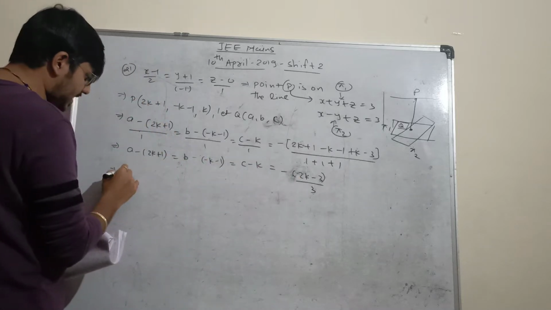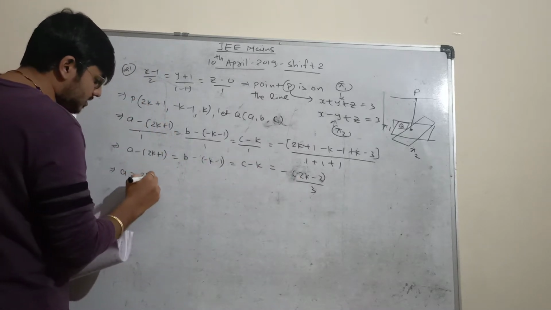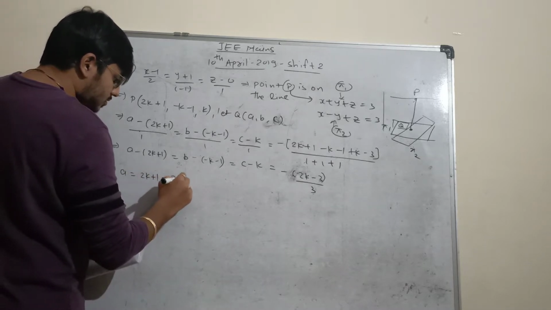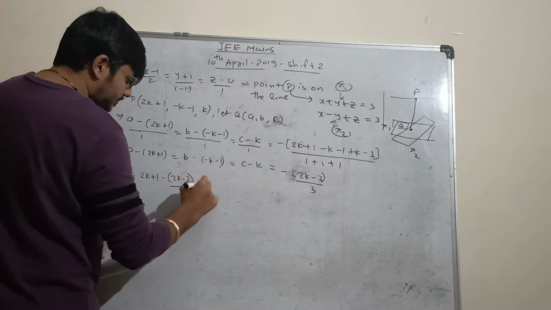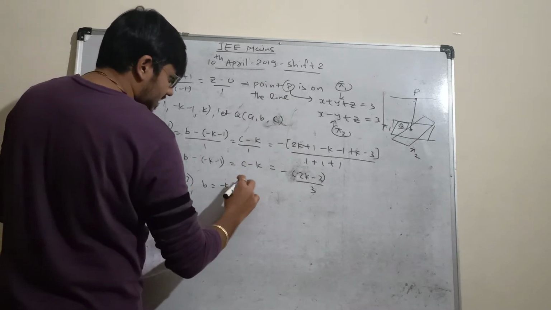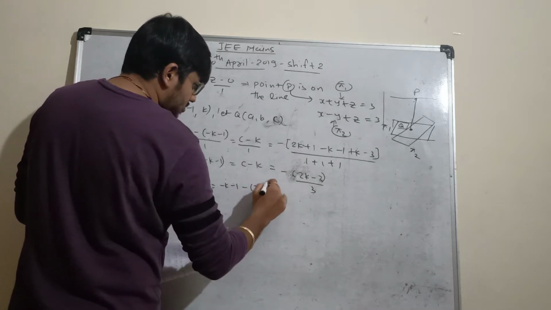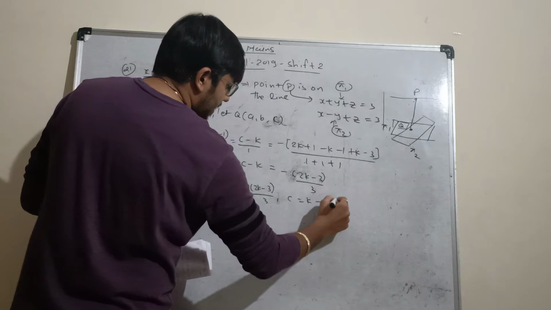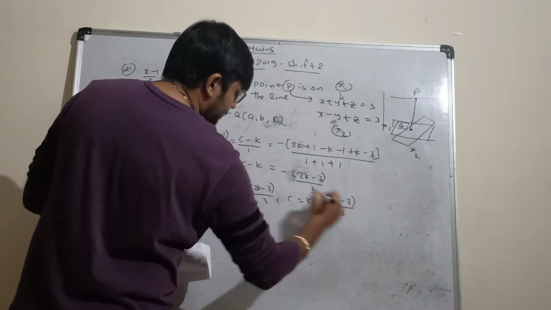So I get a equals 2k plus 1 minus (2k minus 3)/3, b equals, taking it to the other side, minus k minus 1 minus (2k minus 3)/3, and c equals k minus (2k minus 3)/3.